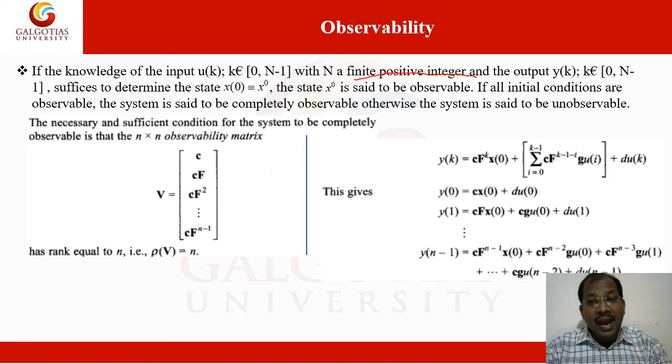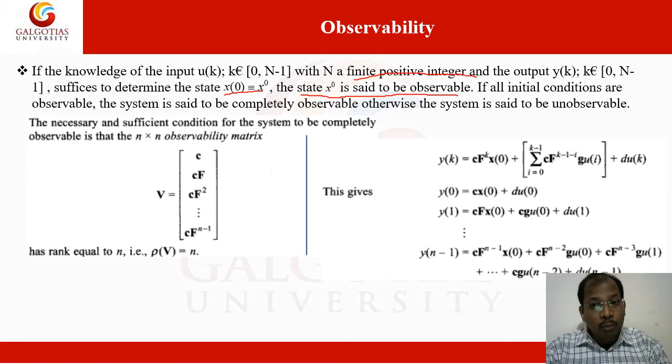within a finite integer value, the output of the system y k is measured using the inputs and outputs, then we can say that the state x naught is observable.